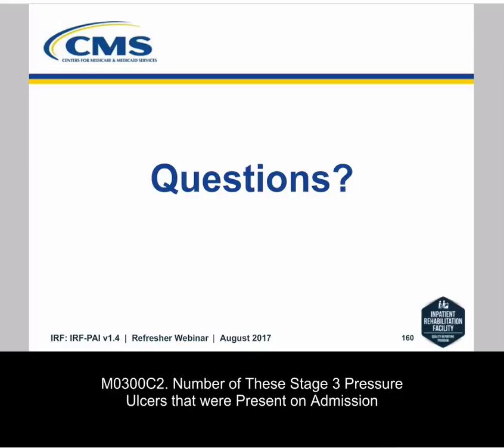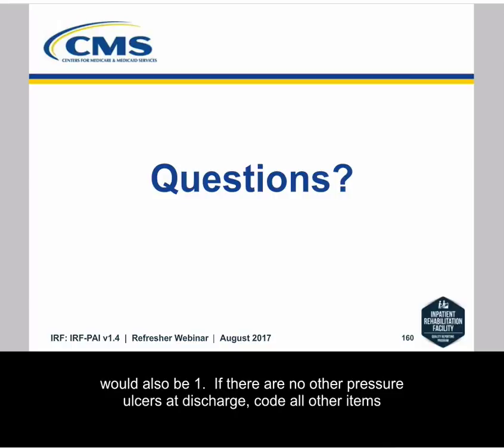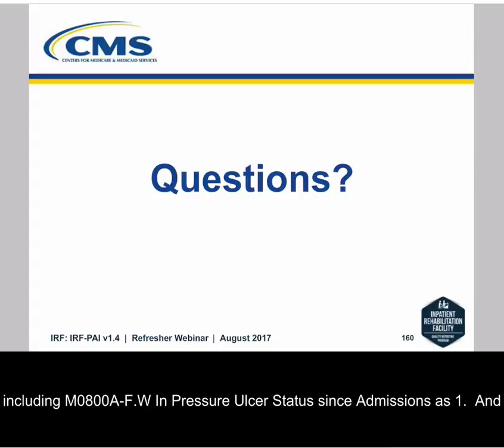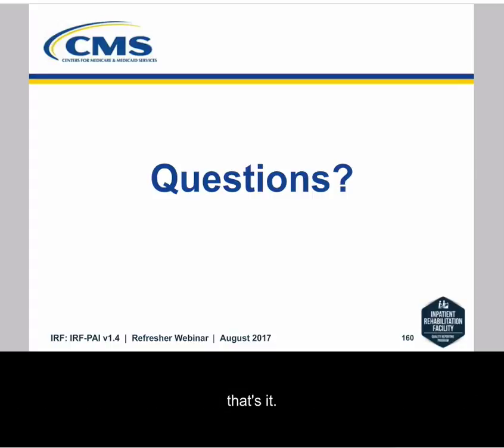M0300 C2, number of these stage 3 pressure ulcers that were present on admission would also be 1. If there are no other pressure ulcers at discharge, code all other items, including M0800 A through F, worsening in pressure ulcer status since admission, as 1. And that's it.